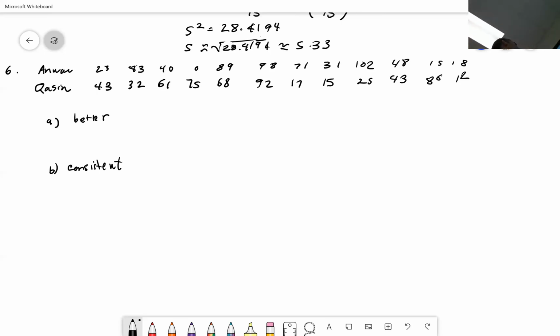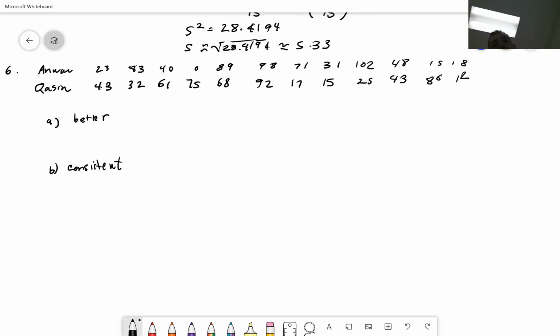And so there's 12 numbers. So I got all the numbers. And so I'm gonna go ahead and say sample. No, I'm gonna keep it population.